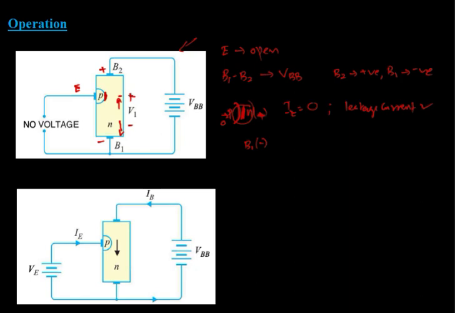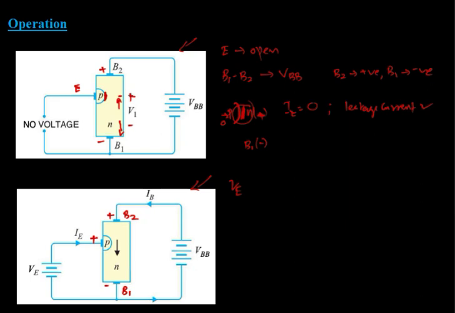Now in this second diagram, we can see that we are applying a voltage VE to the emitter, with the emitter positive with respect to B1. So here this is B2 and here it is B1, this B1 is negative, B2 is positive, and here P is positive.